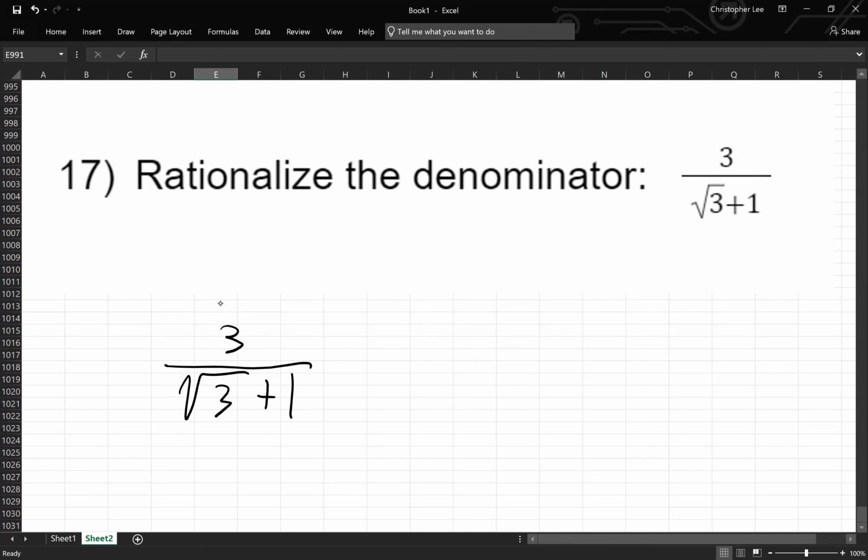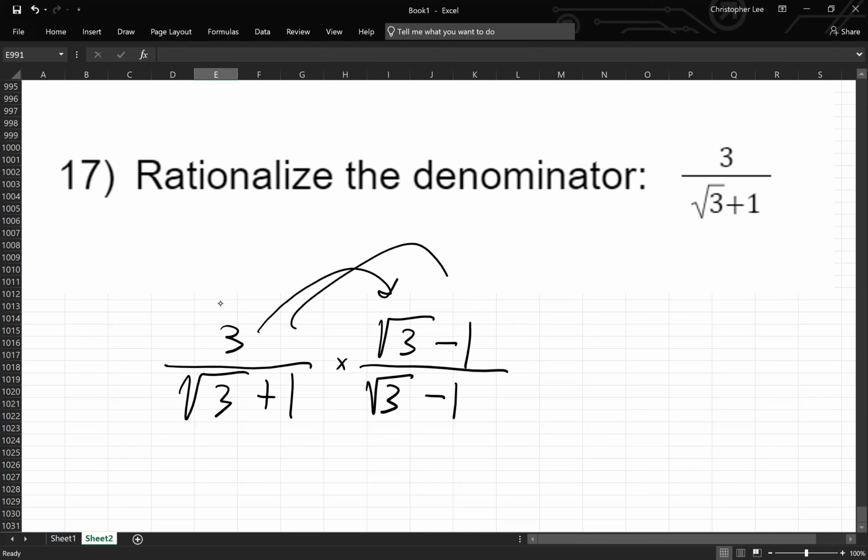The square root of 3, what? Nope, minus 1. Multiply by the conjugate to get rid of the radical. But what you do to the bottom, you do to the top. Now you already know, distribute, all that good stuff, with the FOIL.